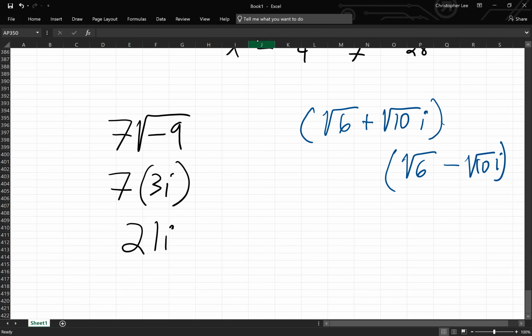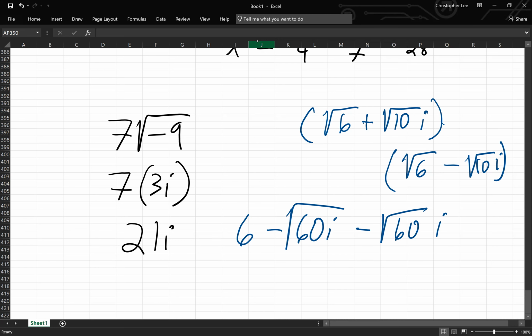All right. And they're next to each other, right? So just FOIL it. That's what we gotta do. So what do we get? All right, I got 6 minus square root 60i, negative square root 60i.